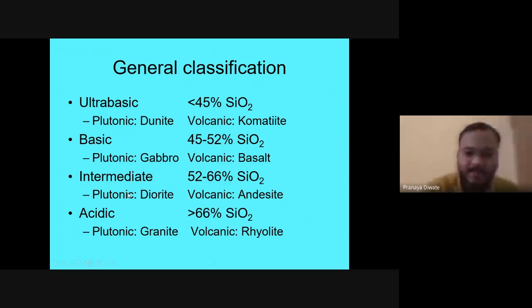So this is how you can classify igneous rock only on the basis of silica percentage. The first classification is the genetic classification, which is based on where it is formed and how large the crystals are.